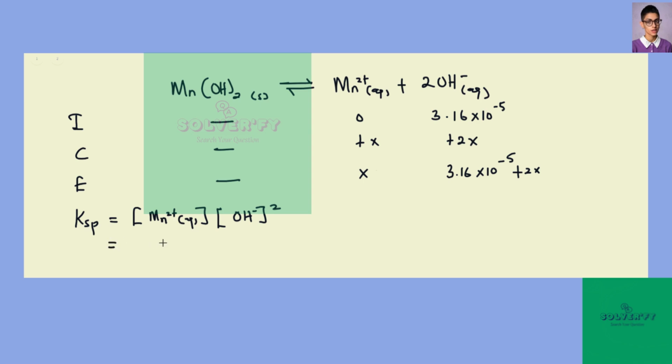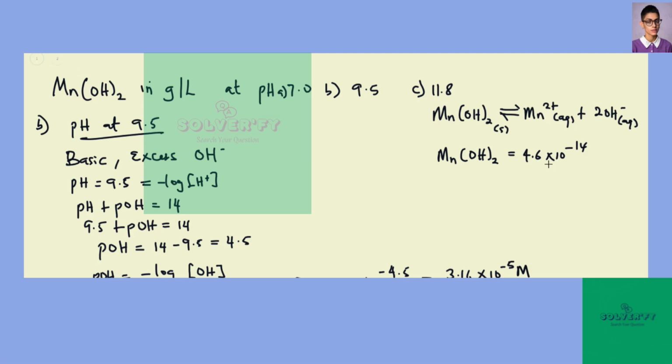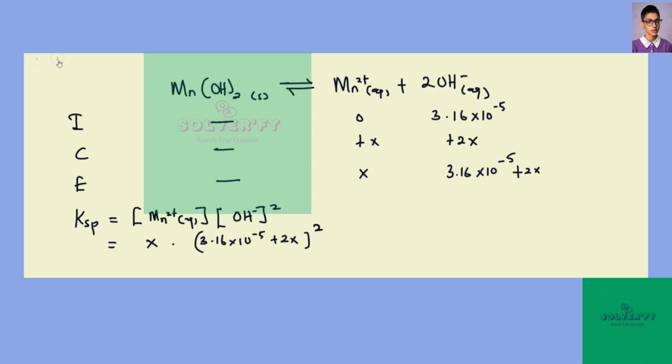So that will be x multiplied by 3.16 times 10 to the power minus 5 plus 2x all squared is equals to the KSP of manganese hydroxide that was said is 4.6 times 10 to the power minus 14.